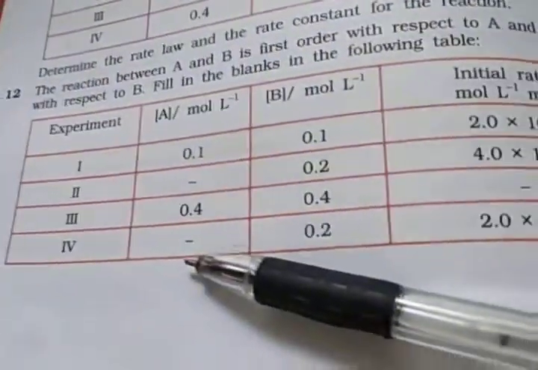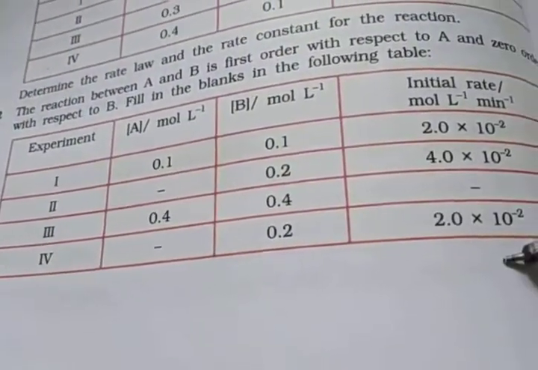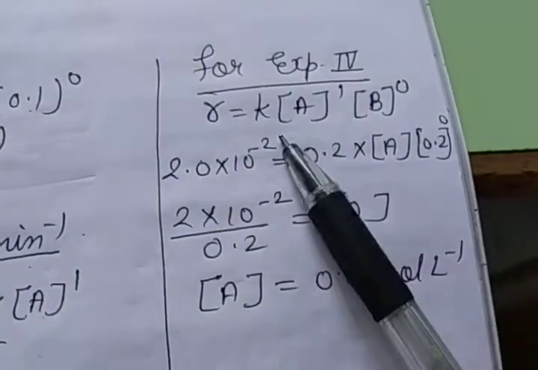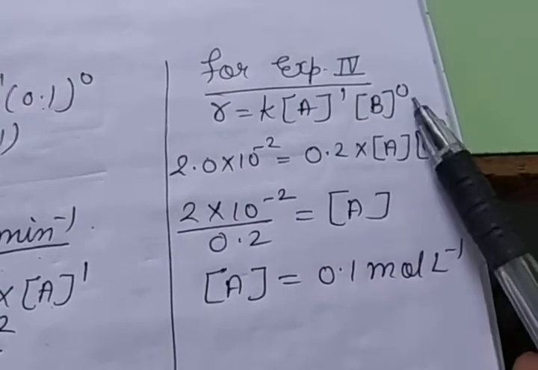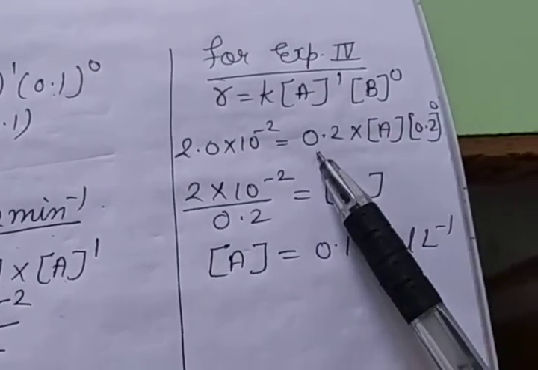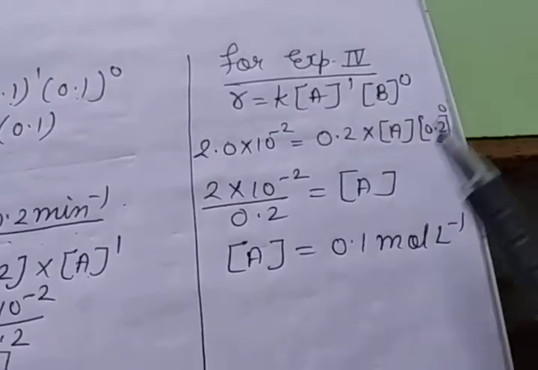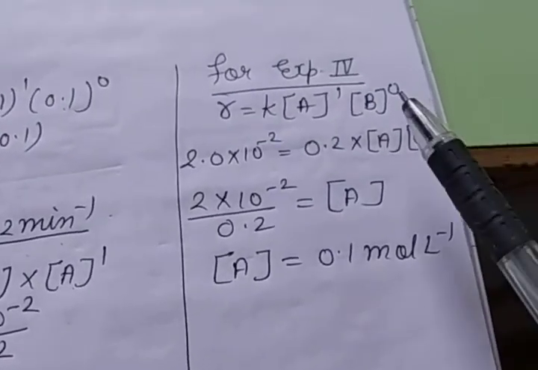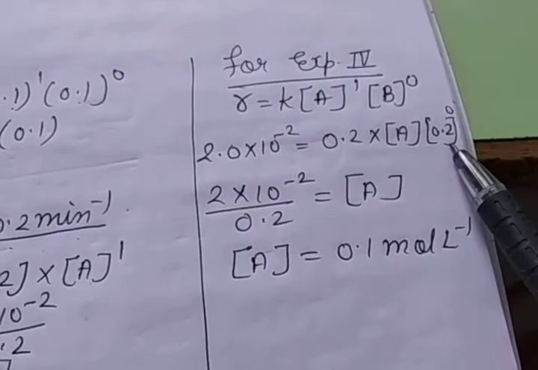Then experiment number 4. The A value we again have to find, the B value is given, and R is also given. So for experiment 4, R is equal to K A power 1, B power 0. The R value is given, K value 0.2 we already found. The A value we will find, and B power 0, the B value given 0.2 power 0.